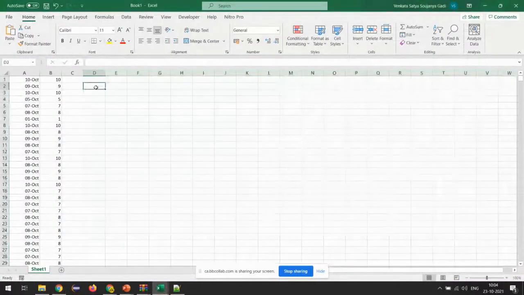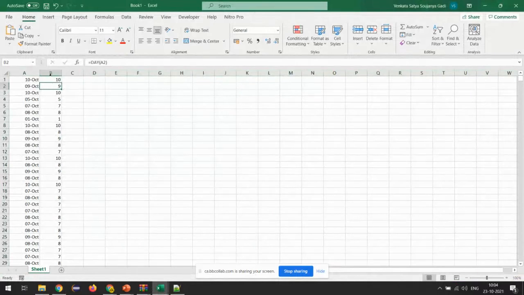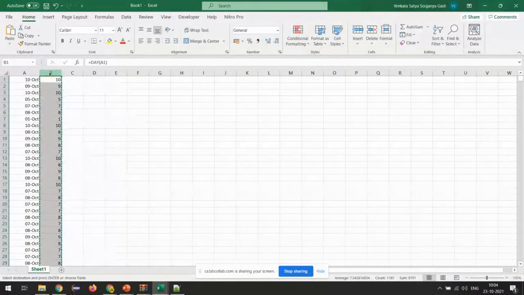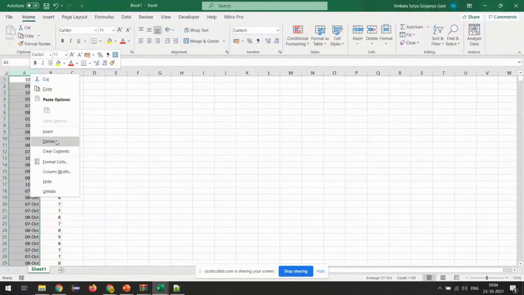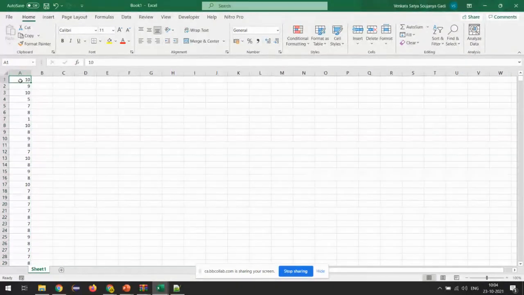So now let's look at this data. This data is the information collected from the website called IMDb. It collected the ratings of the video series called Squid Games. So it is the ratings given by the users for the video series Squid Games. So I want to prepare group data from this.